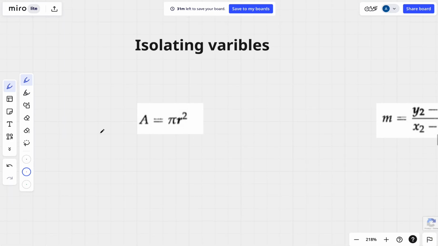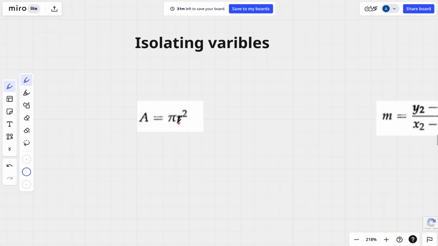Okay, now we have to isolate variables. So in this case, let's say I want to isolate r. To solve this, I will need to get rid of the pi first. Because it's multiplying with r, it has to go to the other side, which means it'll divide. If it's multiplying, on the other side it's going to divide. If it's adding or subtracting, on the other side it'll be the opposite, right?